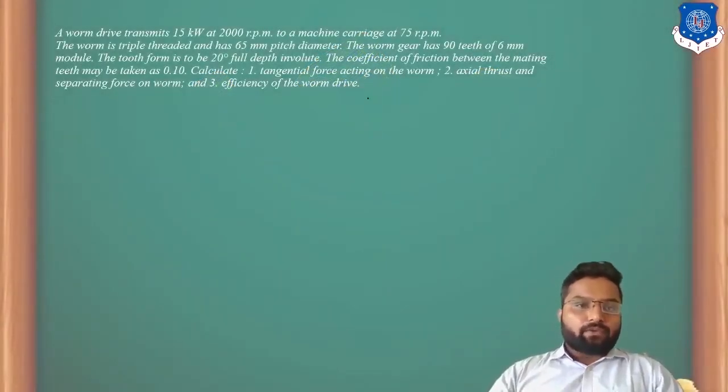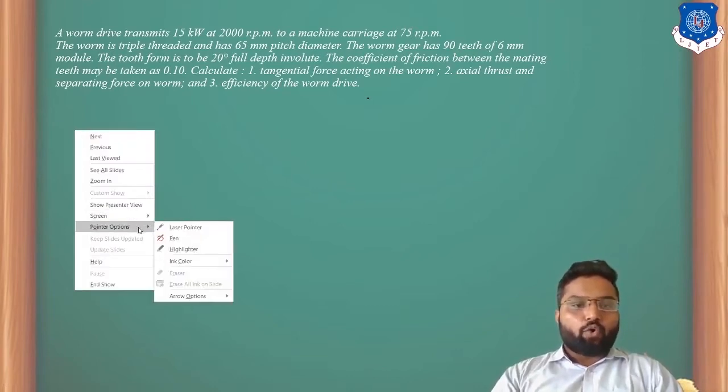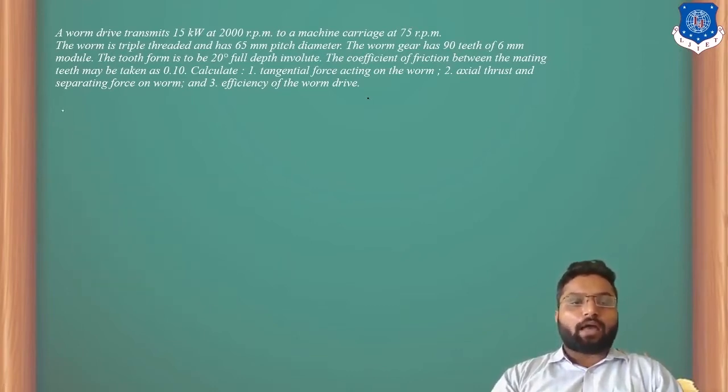A worm drive transmits a power of 15 kilowatt at 2000 rpm. This 2000 rpm belongs to our worm.